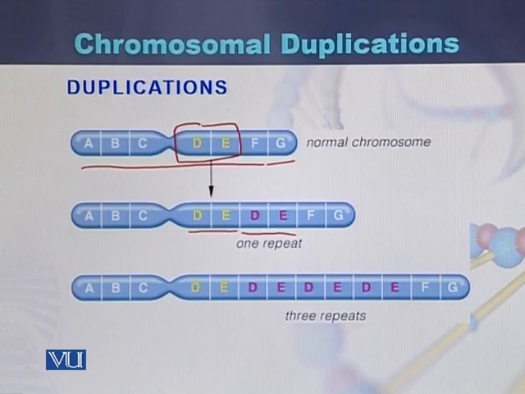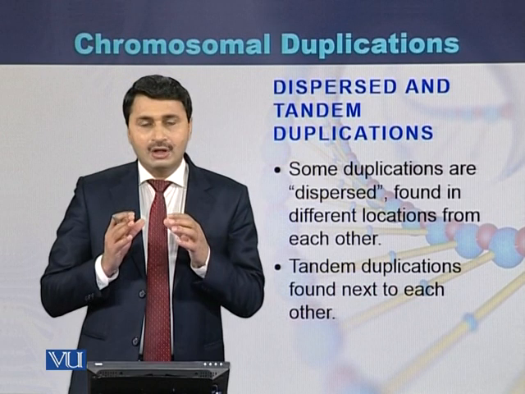If there are additional repeats, there are the first copy, second copy, third copy and fourth copy. So this phenomenon, when a particular fragment of the chromosome has been copied and placed side by side or moved to another location, is called duplication of the chromosomes.